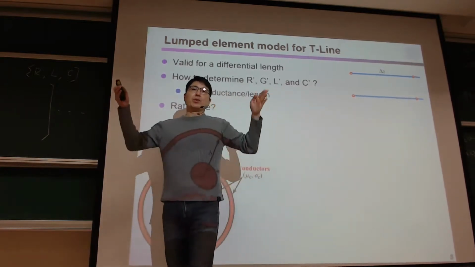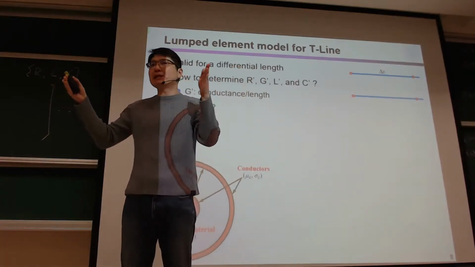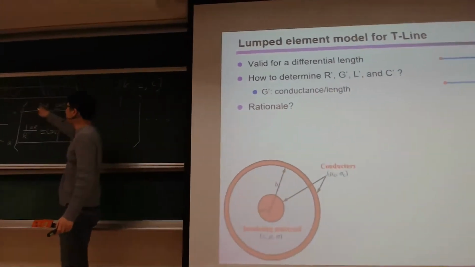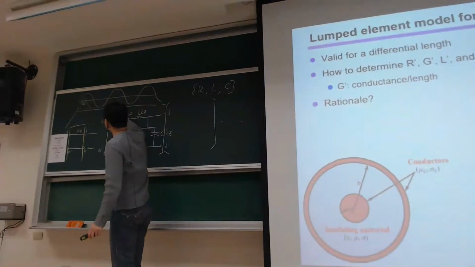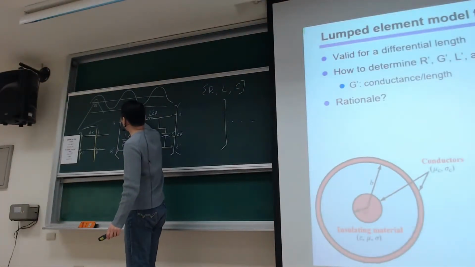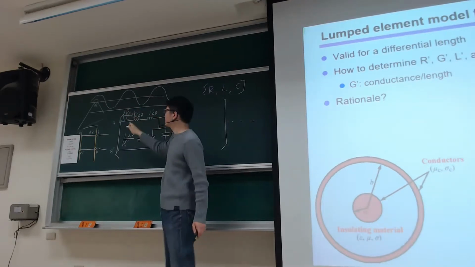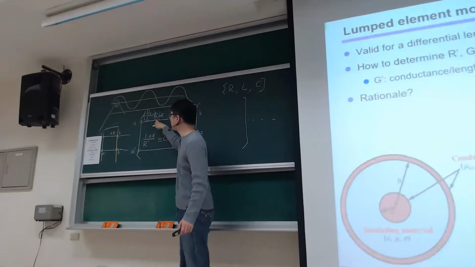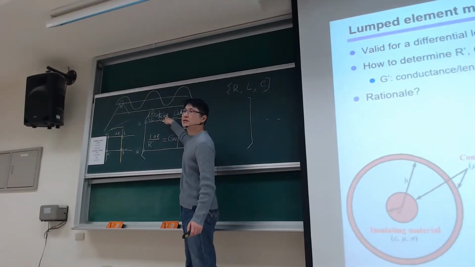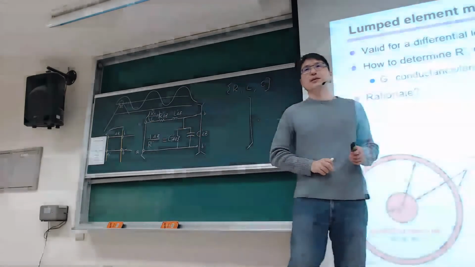Because eventually we dissect the transmission line into many, many small segments. So here the total resistance is the resistance per unit length times the differential length, delta z.